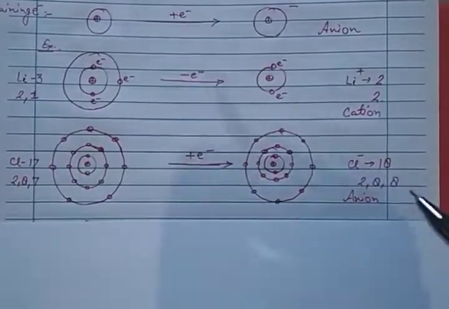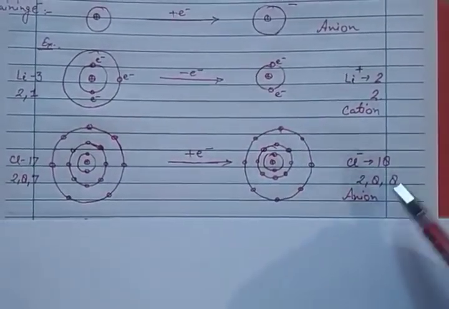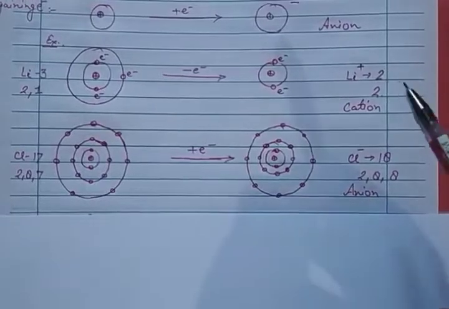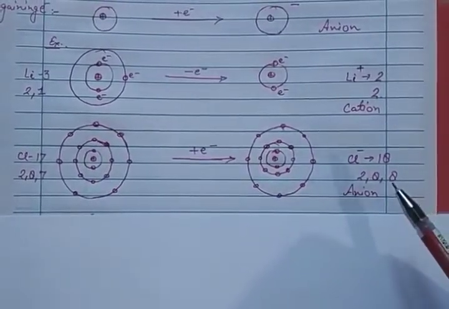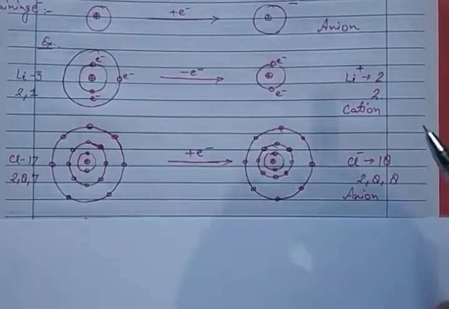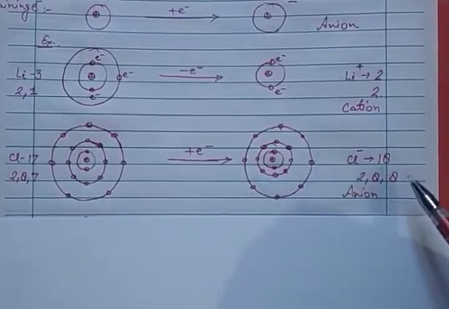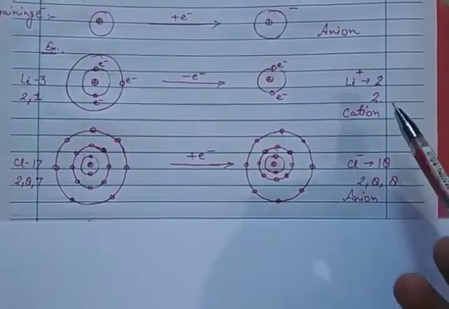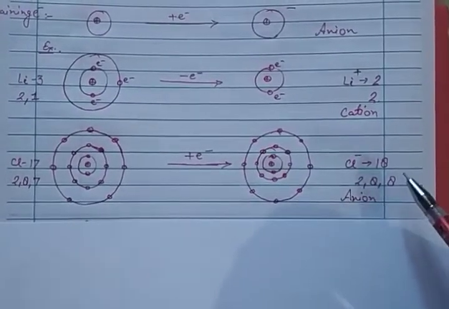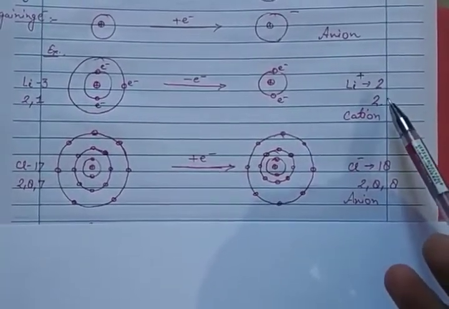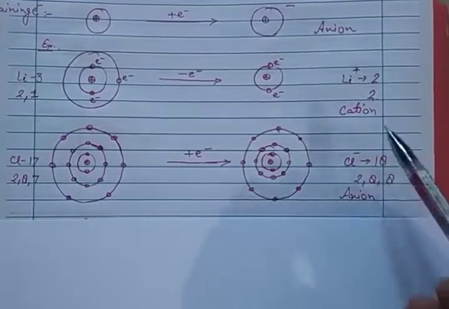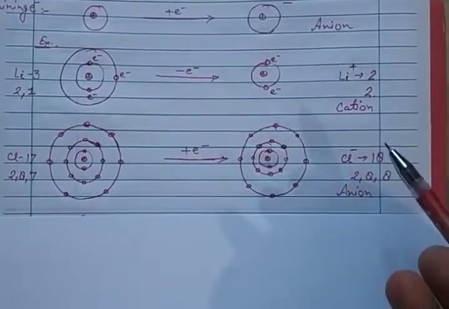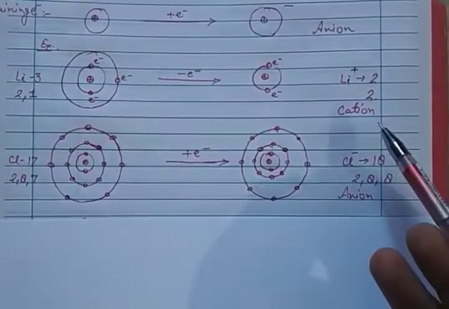Now why do atoms do this? Why are atoms losing and gaining electrons? You have already studied in the last chapter that elements are very reactive. When elements react with other elements, it is because they want a stable condition, and you know the noble gases are stable.